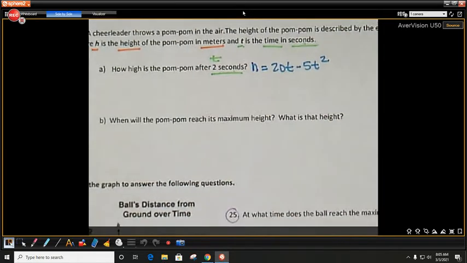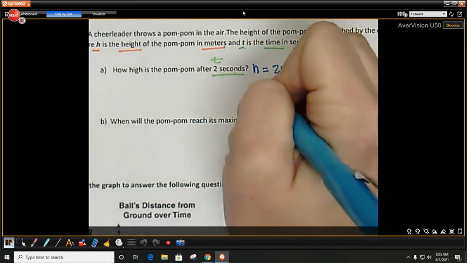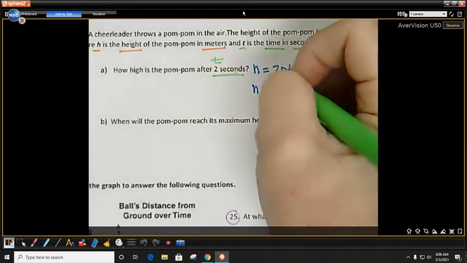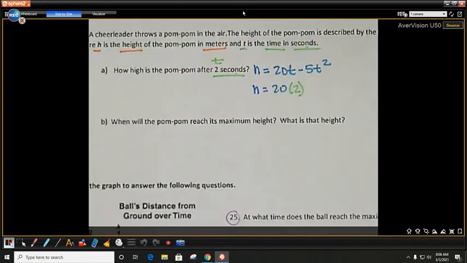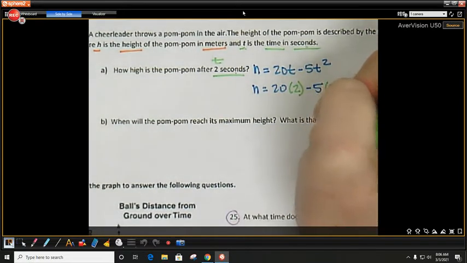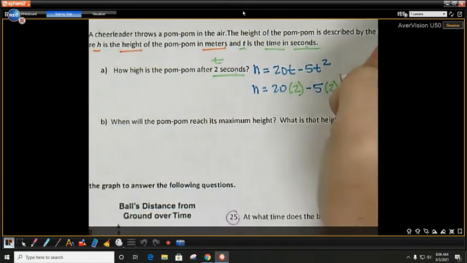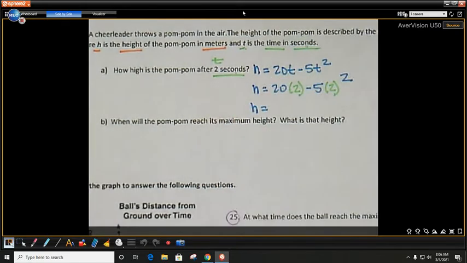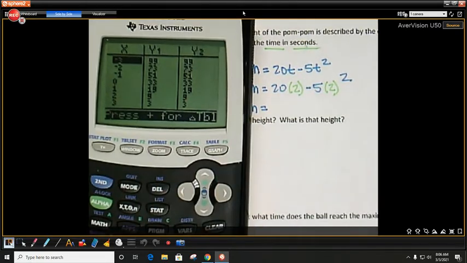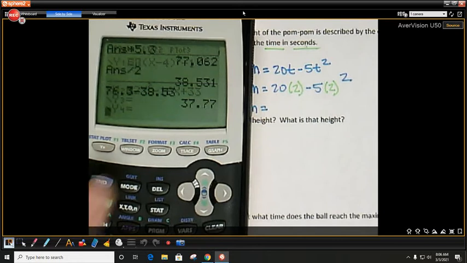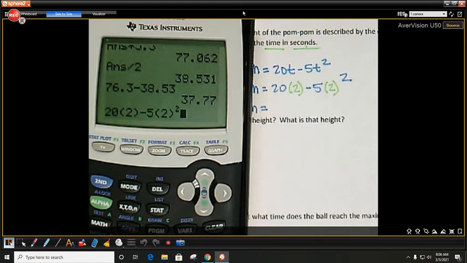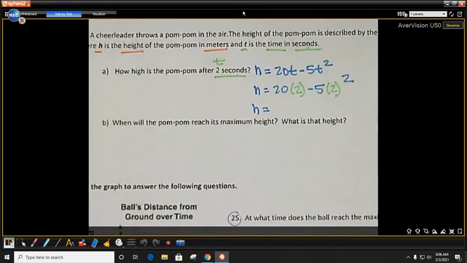So I'm just going to rewrite my equation. h equals 20 times, not t, but I'm going to replace t with 2, minus 5 times, not t, but I know t is 2, and this one's squared. So h equals. I can go to my calculator and do 20 times 2 minus 5 times 2 squared, and we get a height of 20 meters.